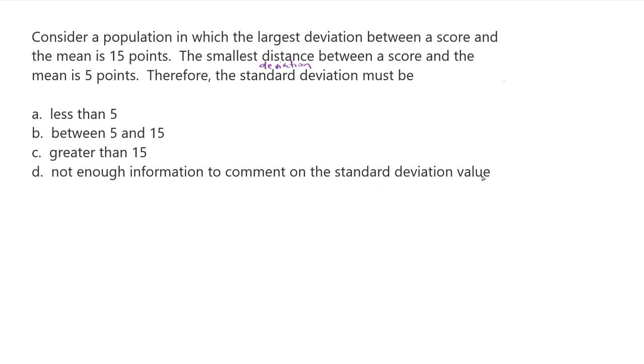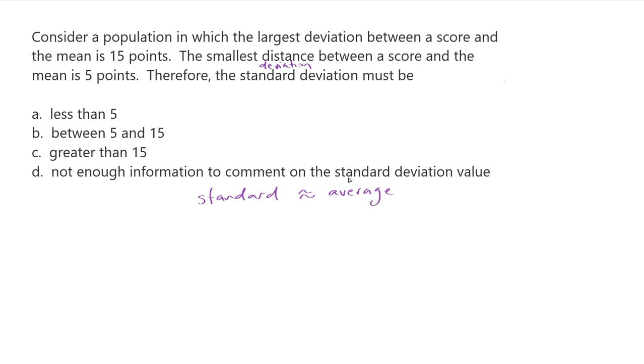Okay, now, although it's true that we don't have enough information to comment on the exact standard deviation value, we are going to be able to identify which one of these describes it properly. And to do that, I need to point out one simple rule of thumb. Anywhere in statistics that you see the word standard, and you'll see this a number of times between now and the end of the course, standard can be replaced with average in order to make sense of what you're talking about.